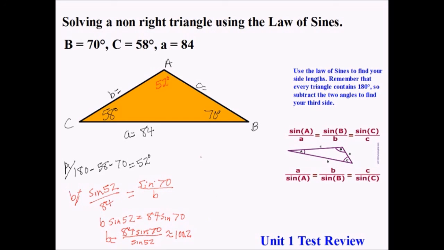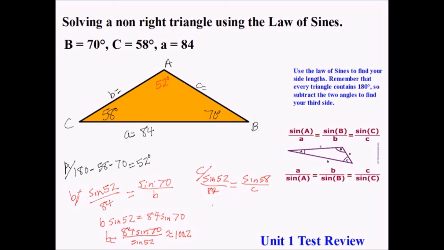To find little c, same thing. Let's use sine of A and sine of C. So we have sine 52 over 84 is equal to the sine of 58 over little c.